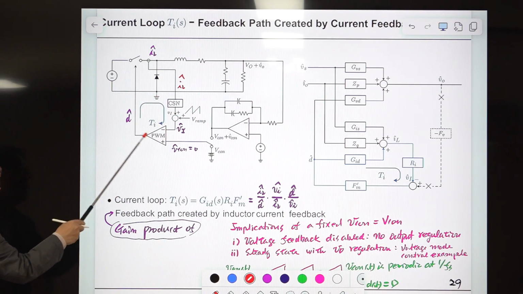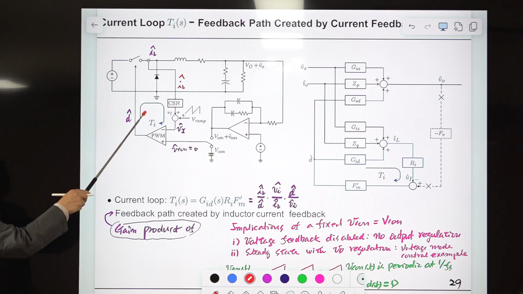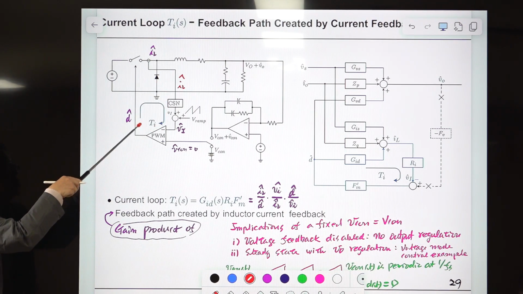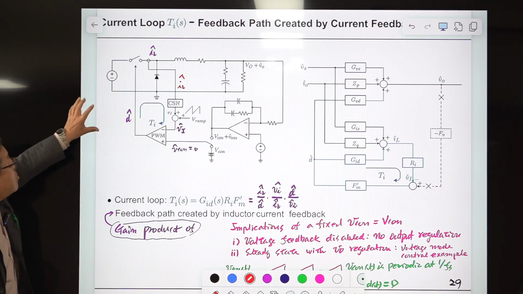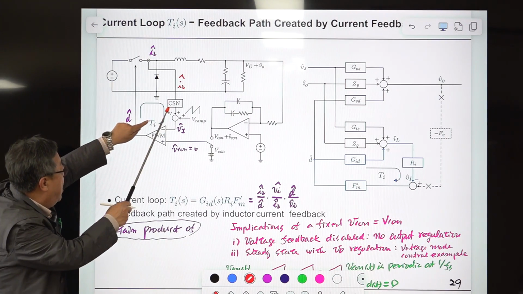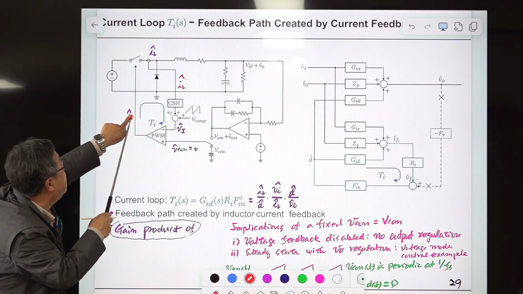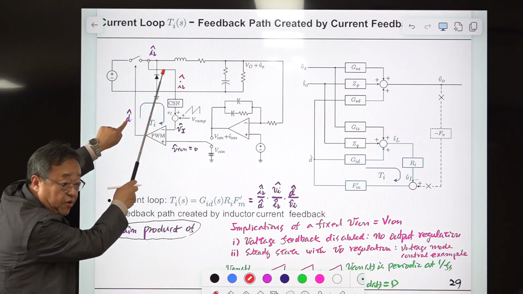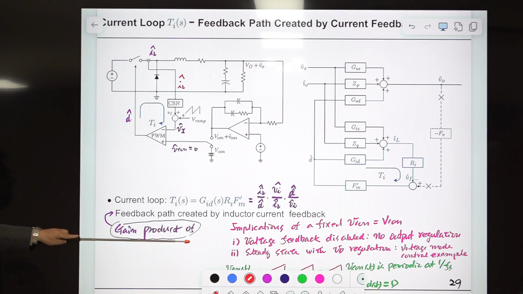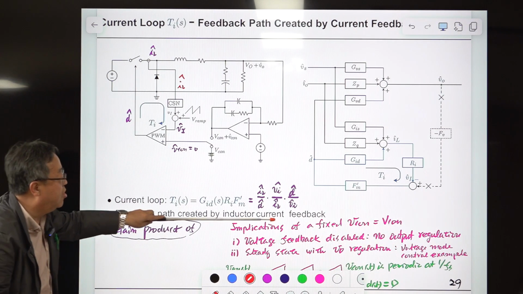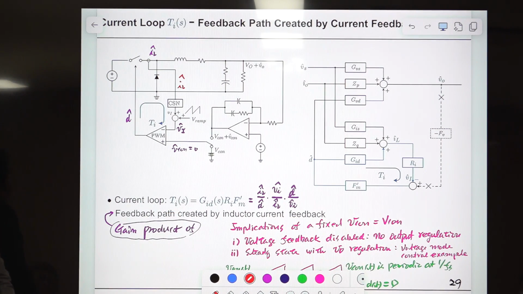Then it goes like this. So the feedback loop is only this part. It's the gain of each functional block: this, the gain of this, and the gain from here to there. So it is the gain product of the feedback path created by inductor current feedback, with a negative sign in front of that. I forgot to write that down, but originally there is a minus sign in front of this.